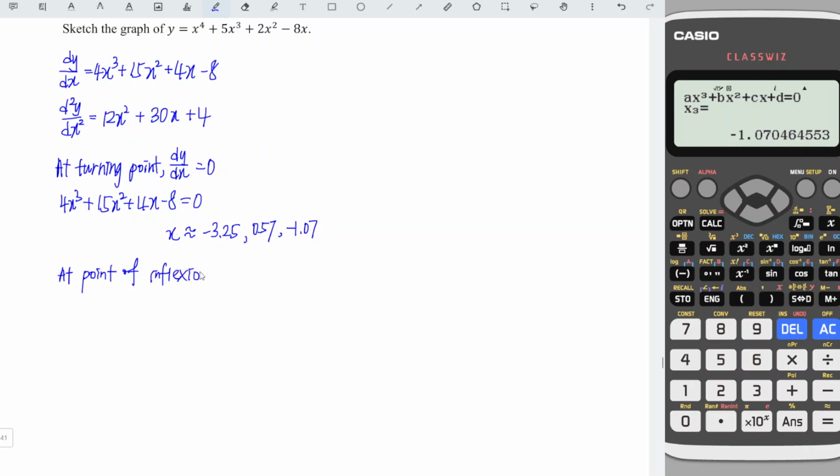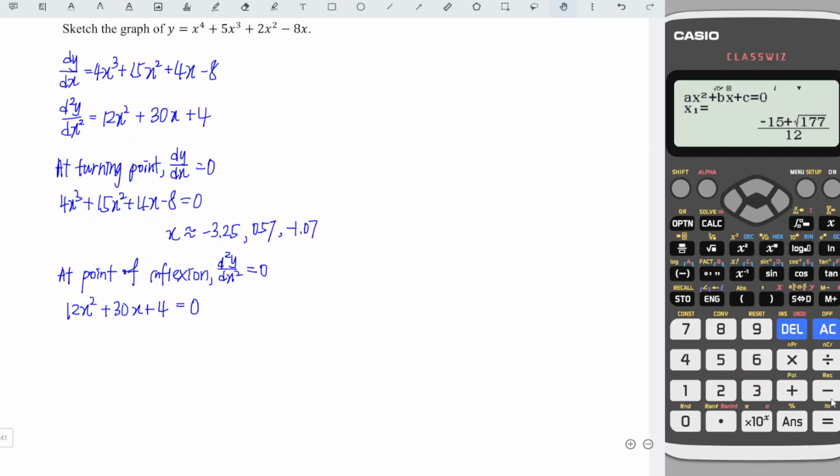Then, for the point of inflection, we have d squared y/dx squared is equal to 0, which means that 12x squared plus 30x plus 4 is equal to 0. Again, I'm going to make use of the calculator. Polynomial this time is degree 2. So we have 12, 30, and 4.